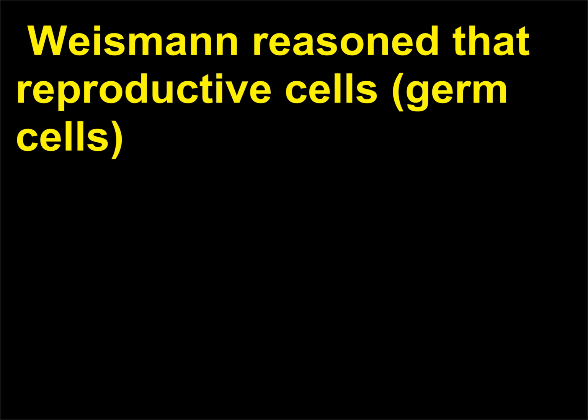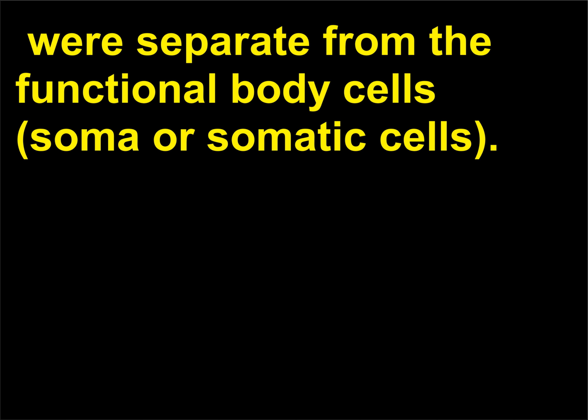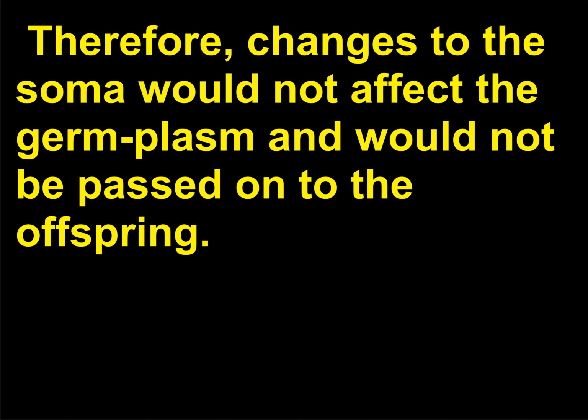Weismann reasoned that reproductive cells, germ cells, were separate from the functional body cells, soma or somatic cells. Therefore, changes to the soma would not affect the germplasm and would not be passed on to the offspring.